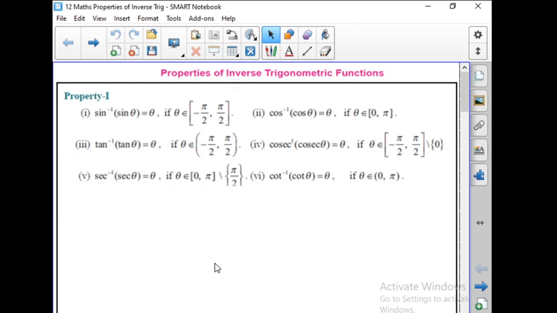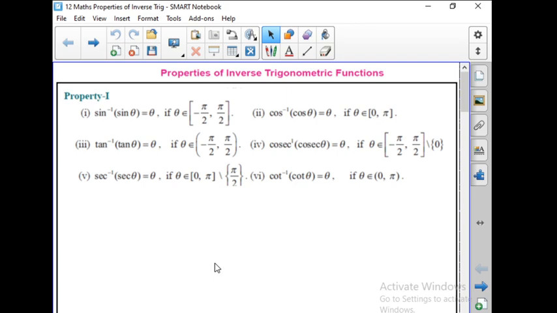Then fifth one is secant inverse of secant theta equal to theta if theta belongs to closed 0 comma pi except pi by 2. Cot inverse of cot theta equal to theta if theta belongs to open 0 comma pi. All these intervals, that is the domain, we have seen already.